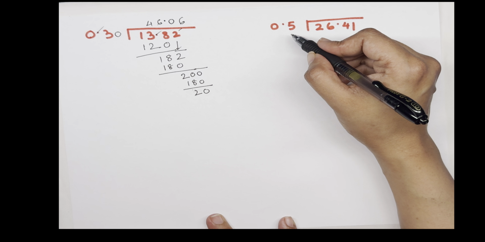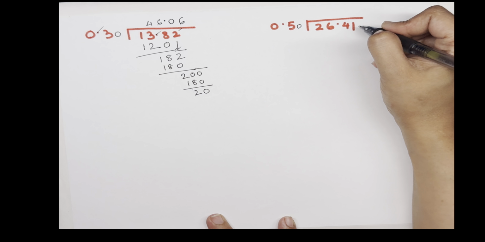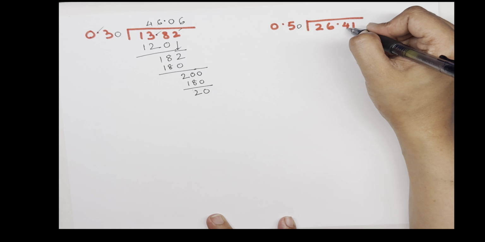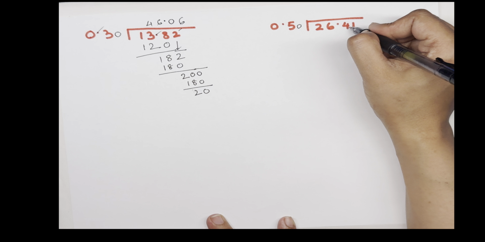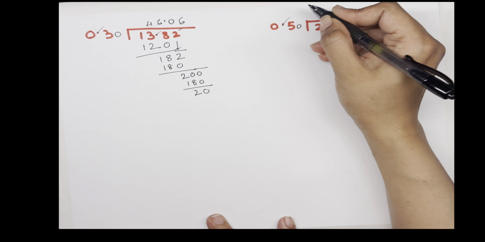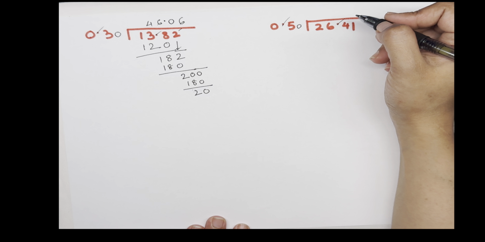26.41 divided by 0.5. Let's put a 0 here so that both have the same number of digits after the decimal in the divisor and the dividend. 2 digits after the decimal, 2 digits after the decimal. Let's take it out. So 2641 divided by 50.